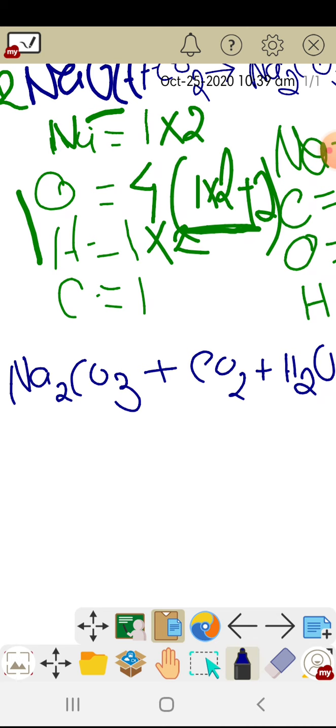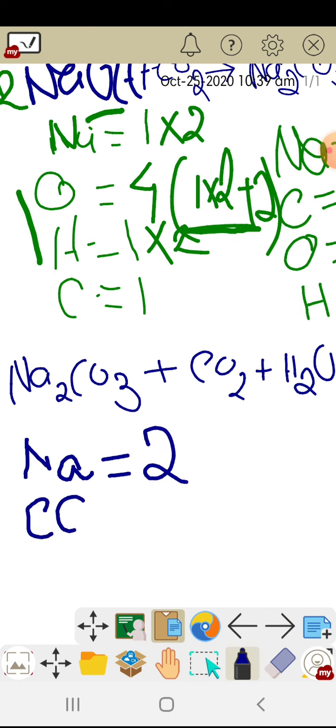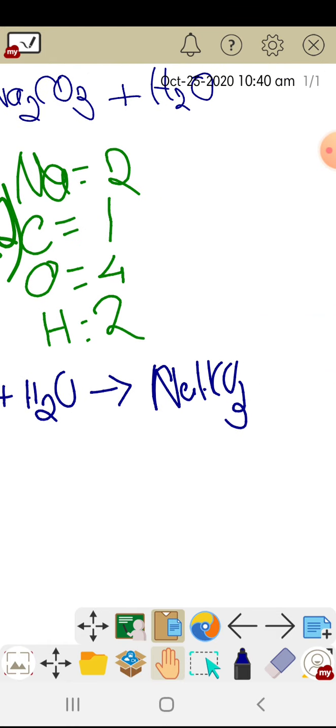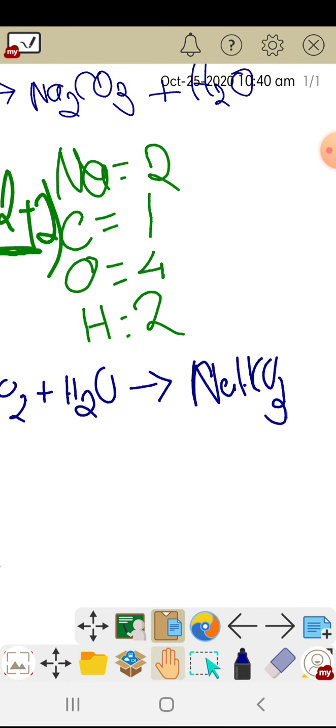LHS portion, see, Na is 2. CO3 is 1. It's better to take CO3 as 1, however you may not take it also, that's no problem. Why am I taking CO3? Because CO3 is here also.